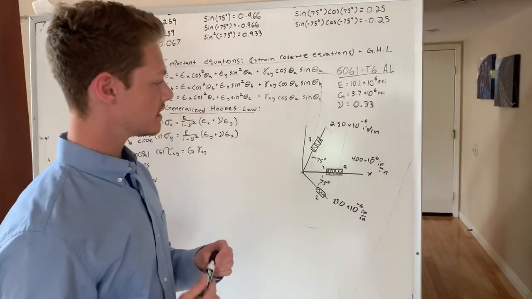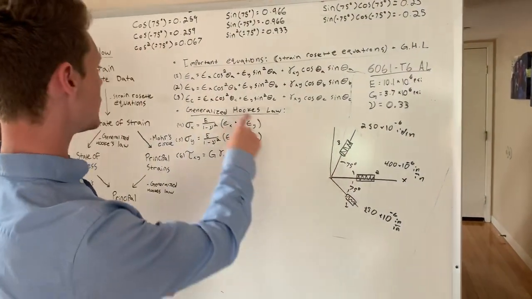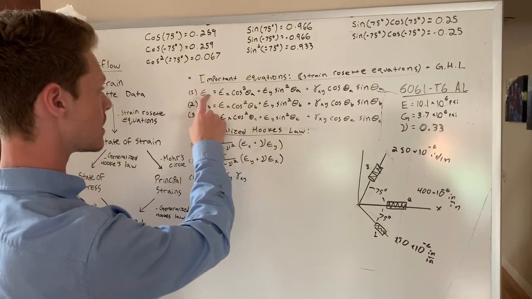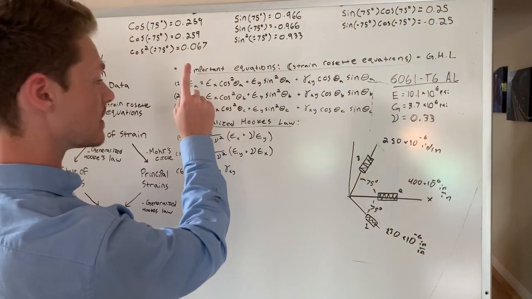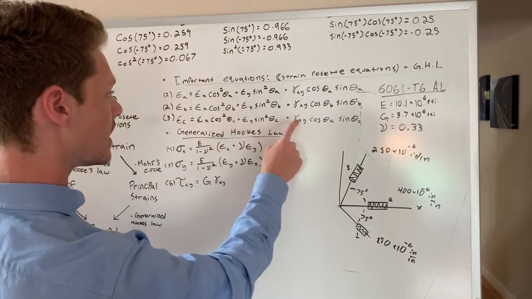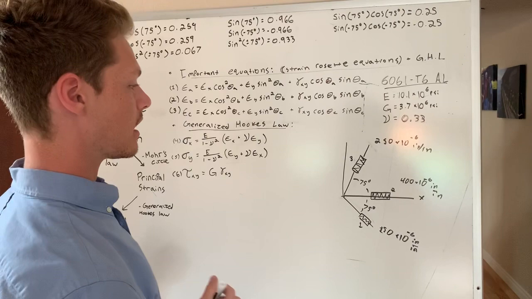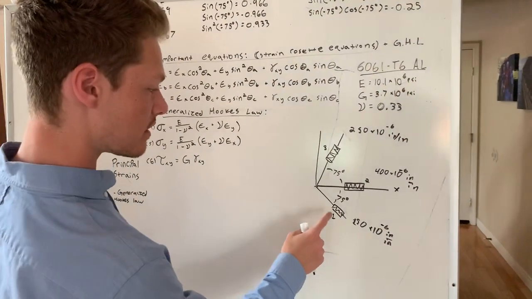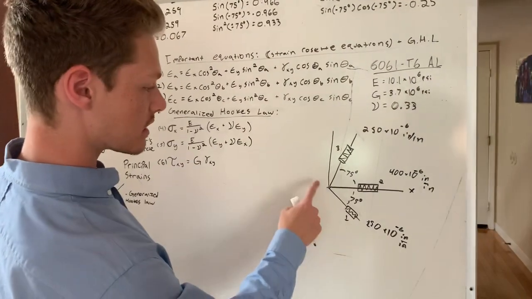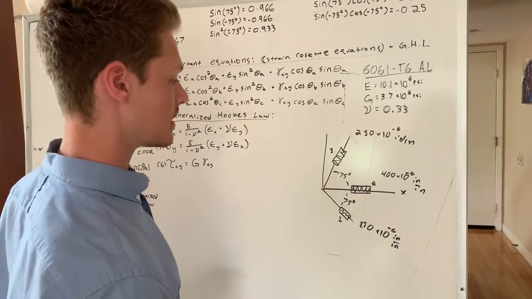So we get to take these values here and transform them into these strains here, and we're going to use these strains to solve for strain in the x direction, strain in the y direction, and gamma xy. First, let's say this is going to be strain A, strain B, strain C. 1, 2, 3.